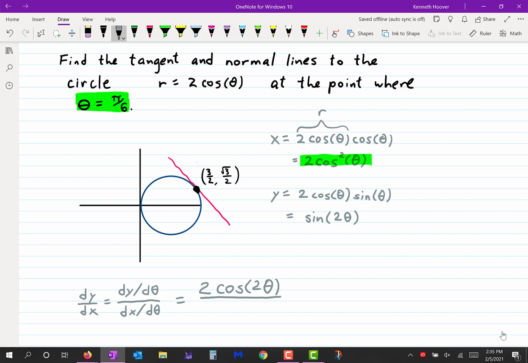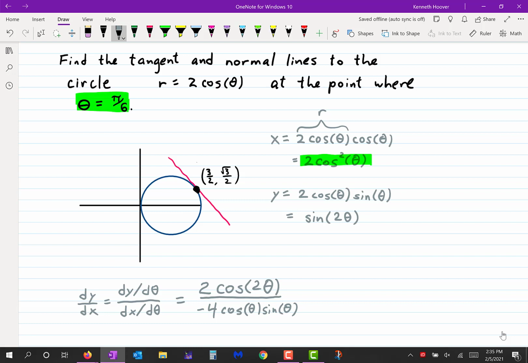You should end up with negative 4 cosine theta times sine theta. Isn't that correct? Because you should get 4 cosine theta times negative sine theta.